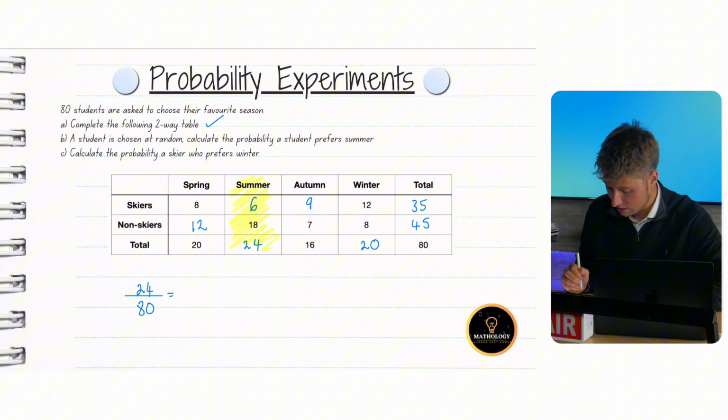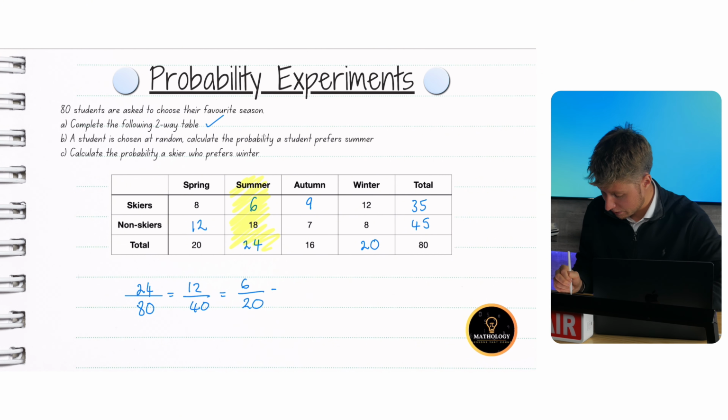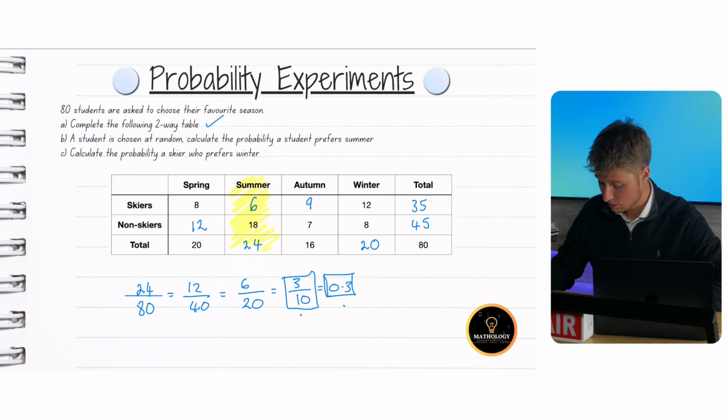We can simplify this to give us 12 over 40, dividing top and bottom by 2. We can go further, dividing top and bottom by 2 to get 6 over 20, and then go even further to give us 3 over 10, which is 0.3 as the probability. You can give it as a fraction, or you can give it as a decimal. Either way, you would get a mark for one of those. So that's part B done.